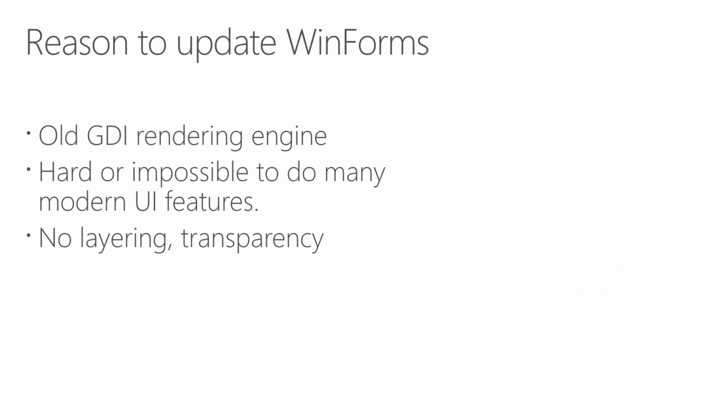You might want to consider some reasons for updating Windows Forms. That's the oldest technology. It's very popular still, but it's the oldest technology. It's using the old GDI rendering or GDI Plus rendering engine, which is about 30 years old. It's hard or impossible to do many things that are considered necessary in a modern application. Things like layering segments or having transparency or cut-throughs.